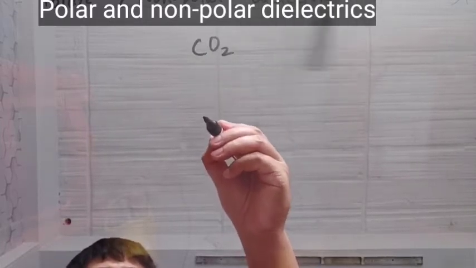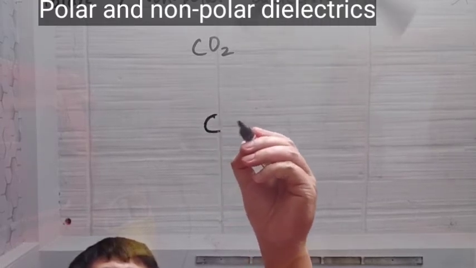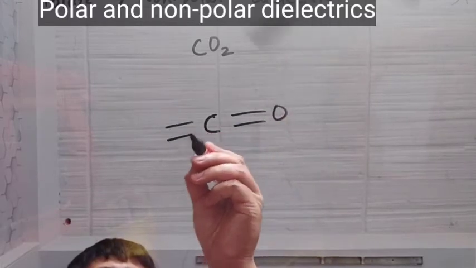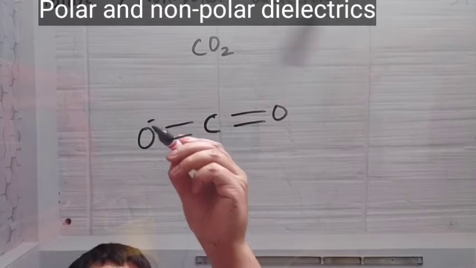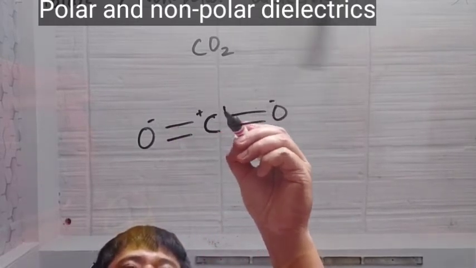In carbon dioxide, we have carbon at the center and two CO double bonds. O is electronegative and this O is electronegative, C is electropositive.